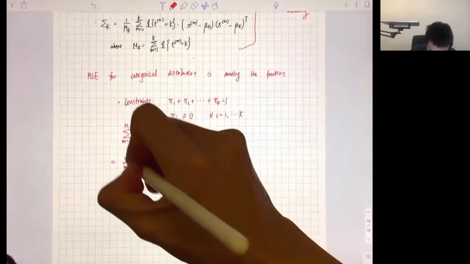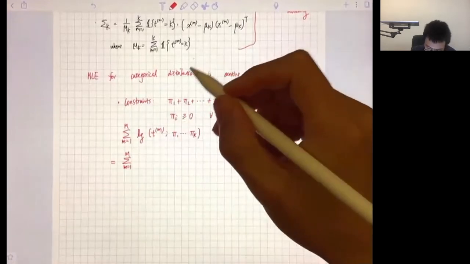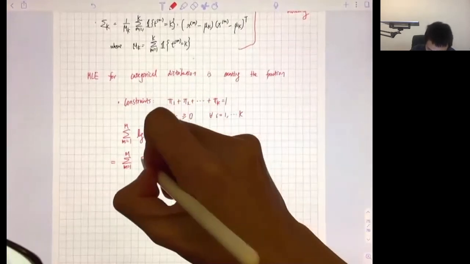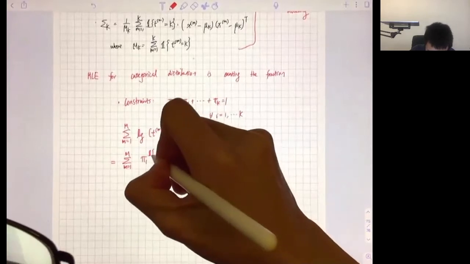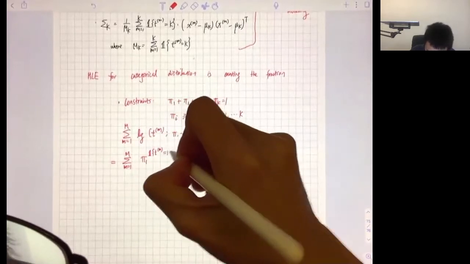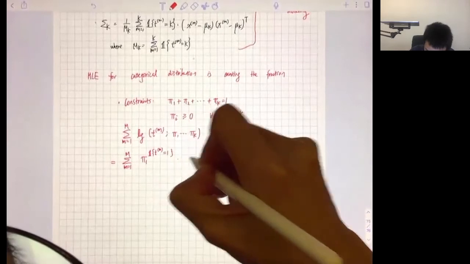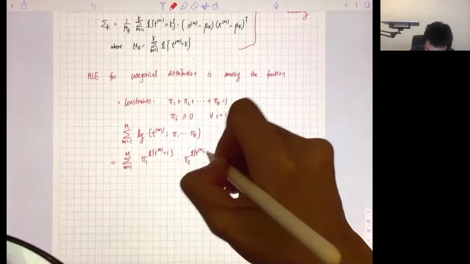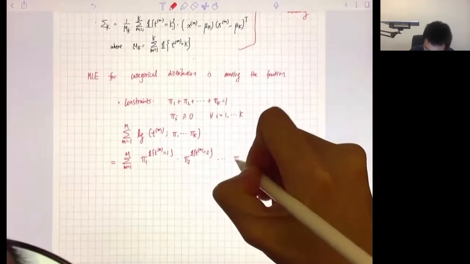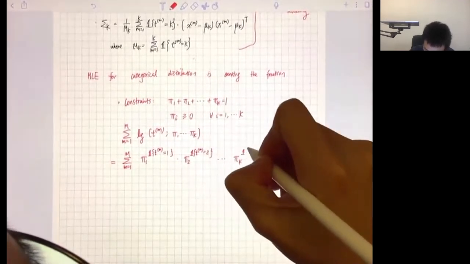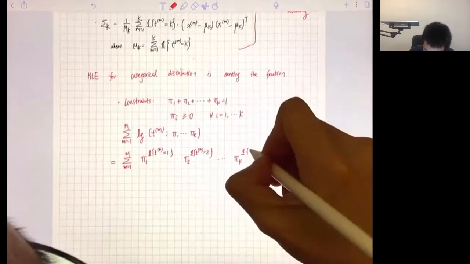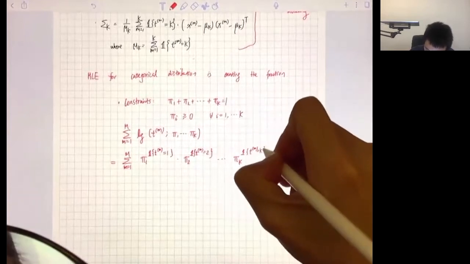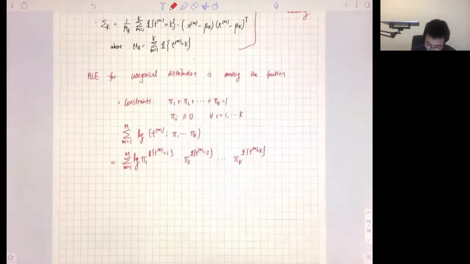It's actually pi1 to the power of whether my sample is indeed 1, times pi2 to the power of whether my sample is indeed 2, and so on and so forth, until pi k to the power of whether my sample is indeed k, okay? I have the log here.